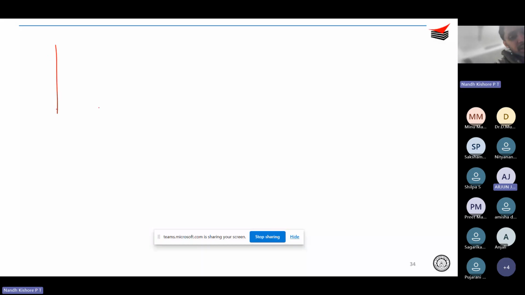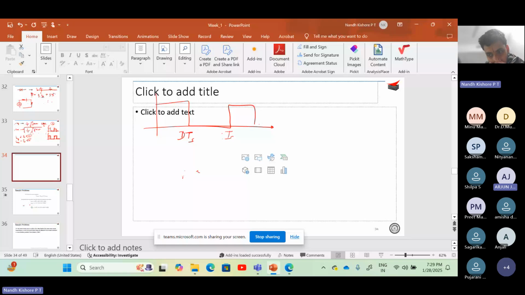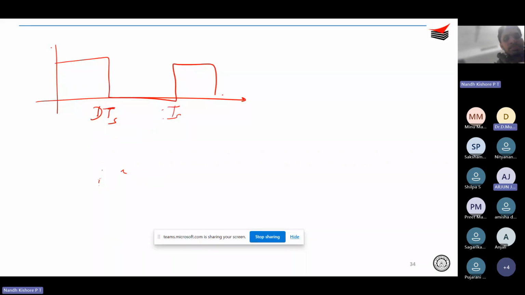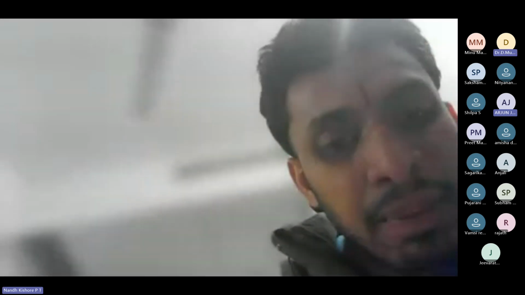Fine. So let us go to a basic square wave. Let's say this is your TS and this is some D times TS. It's a fraction. Okay. So if you have a function something like this, having an amplitude of A, 0, A, 0, A, 0, and so on, how do you find out the average? Average is basically area by time period.